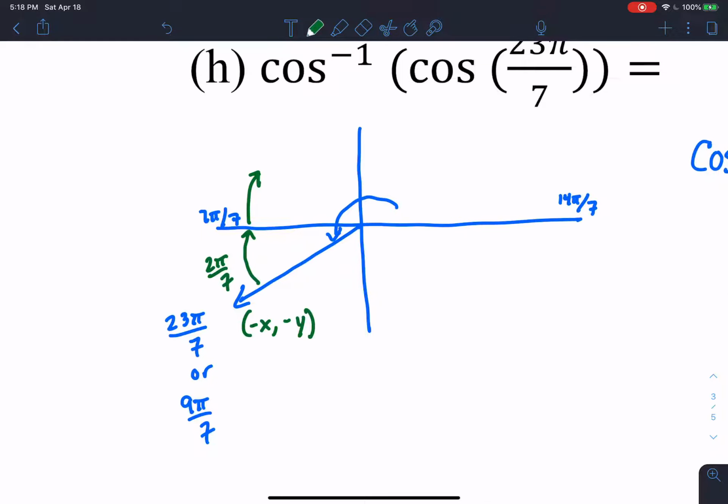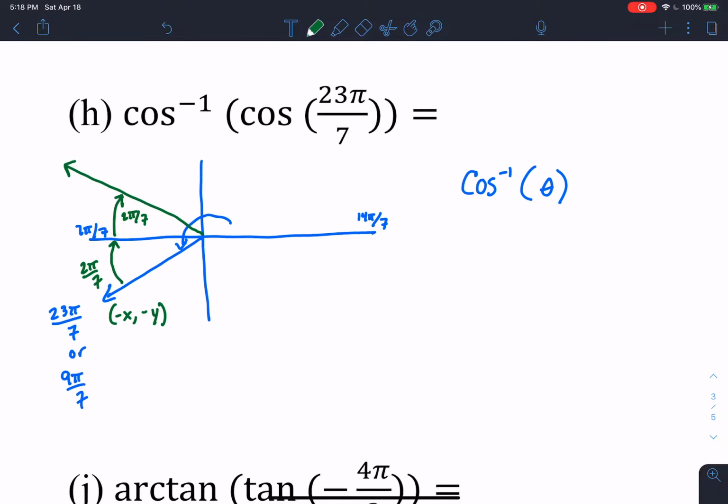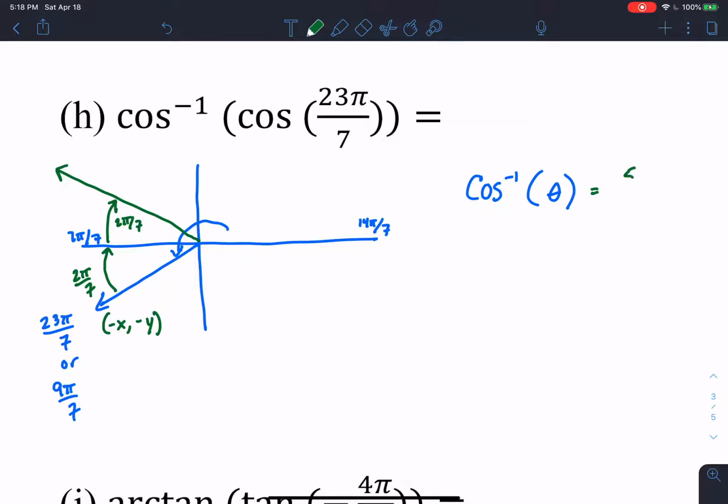Where would you get that same negative x value in quadrant 2? If you go another 2 pi over 7, that's going to give you your answer, or 5 pi over 7. So cosine of 23 pi over 7 and cosine of 5 pi over 7 have the same ratio, but 5 pi over 7 is in the right range.